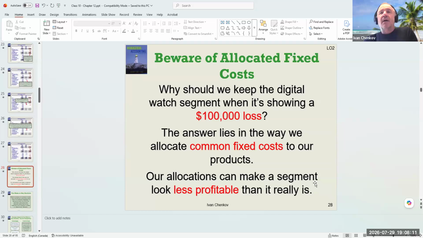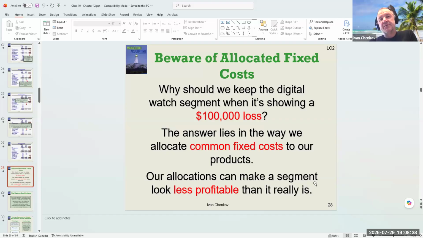Why should we keep this segment when it's showing a loss of $100,000? Because there are costs that shouldn't be allocated, which are common costs for the company. If the common costs for the company are allocated to the segment, that shows results which may lead managers to the wrong decision.